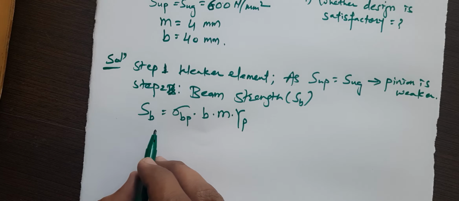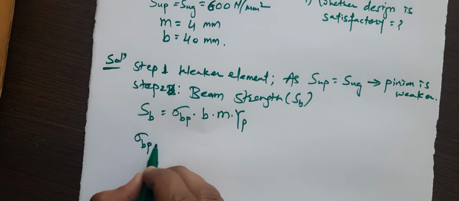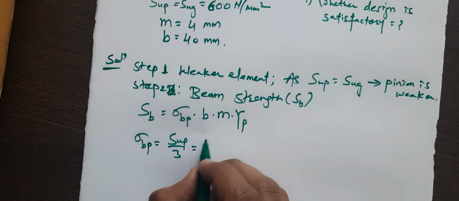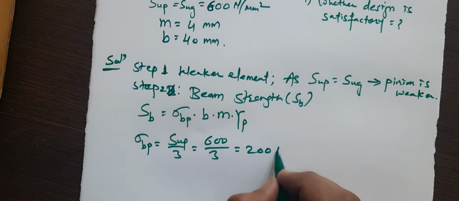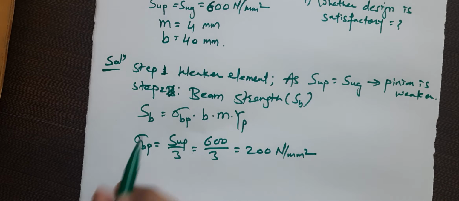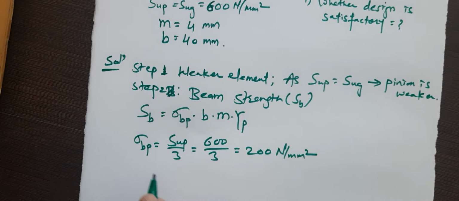Now sigma BP we need to find first. So sigma BP is nothing but SUP divided by 3, which is 600 divided by 3, equal to 200 Newton per mm square. Now B is given as 40, M is given as 4, and YP we need to calculate.